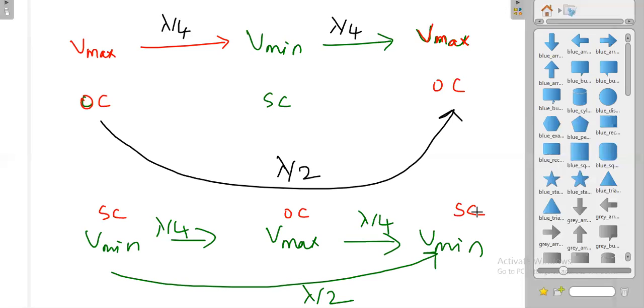Next, what is another point? One complete movement on the Smith chart indicates a movement of lambda by 2. One complete movement means one rotation.